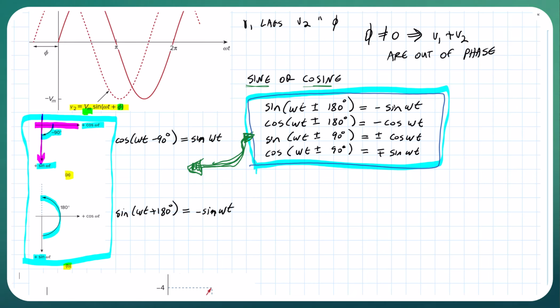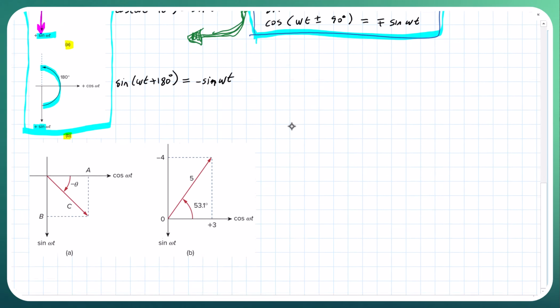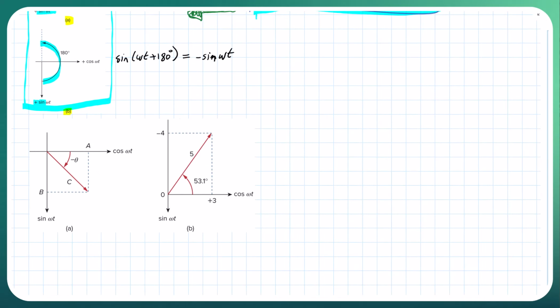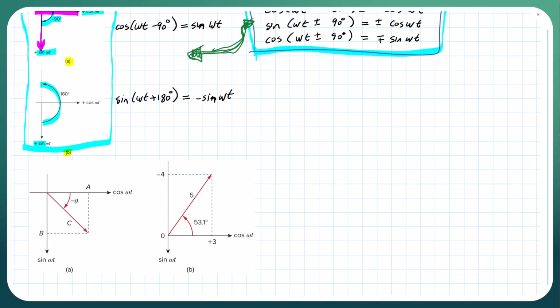Let's look at this figure here. Again, we have cosine on the x-axis, sine on the y-axis, and this is something you're probably more familiar with. Let me give you a generic definition.